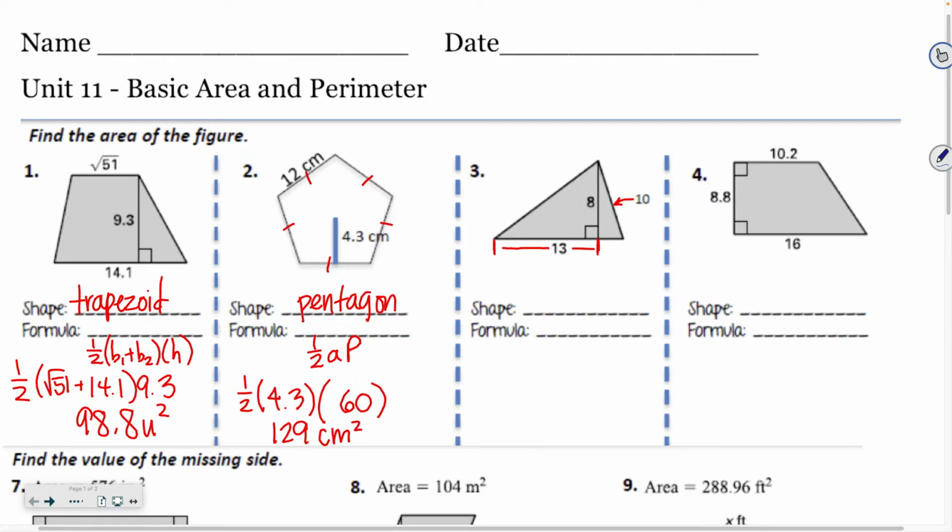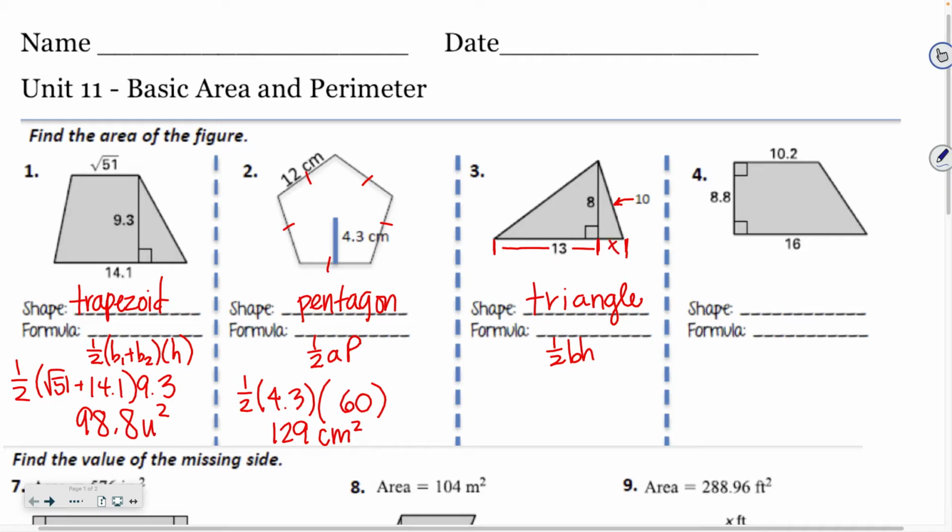All right, so what shape do I have? A triangle. What's the formula? 1/2 base times height. Okay, 13 is only to that line. So what am I going to do to get the rest of this little piece right here?